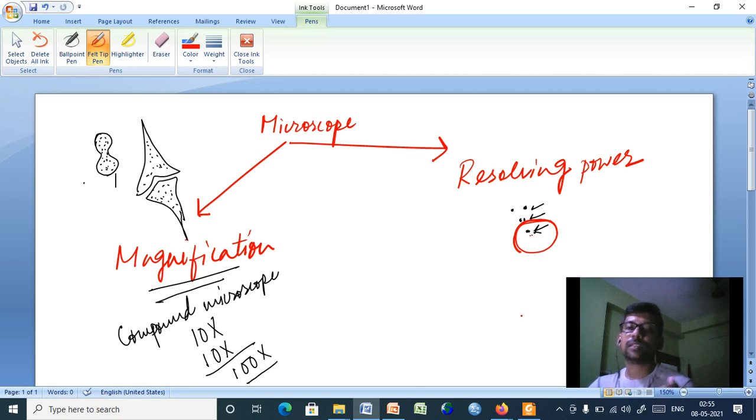Now the question is how we can regulate the resolving power of a microscope. There is another important criterion known as numerical aperture.